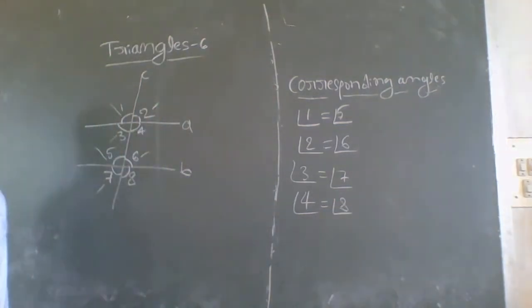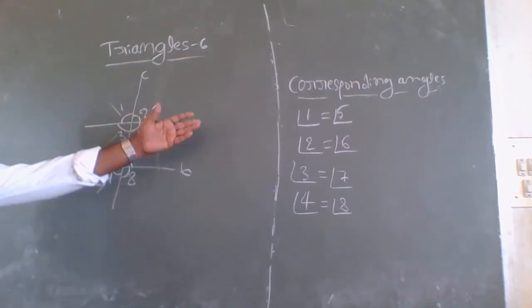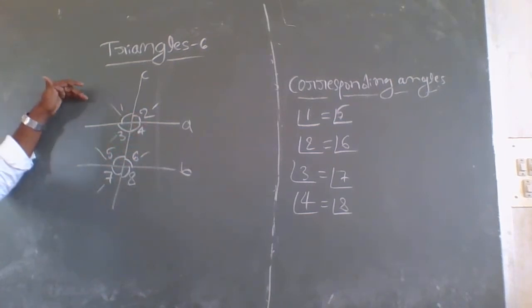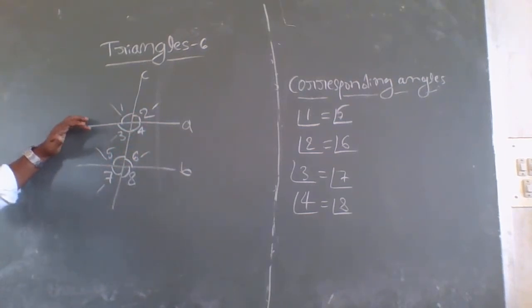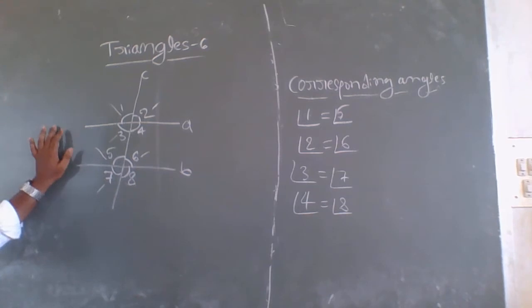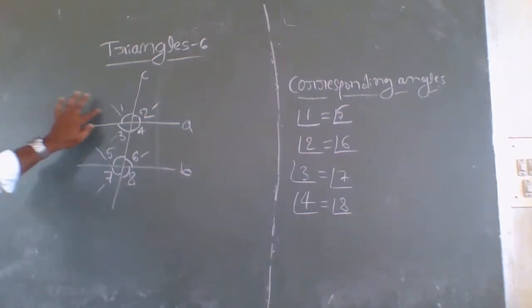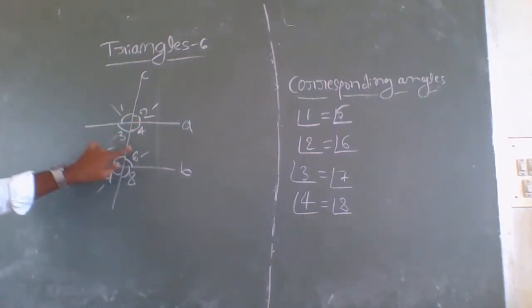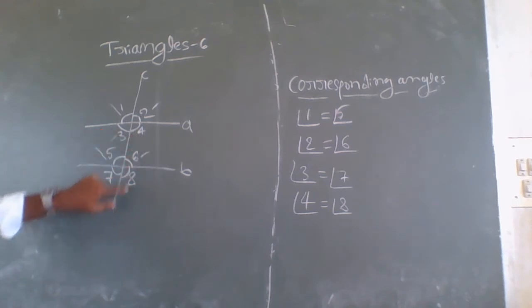So these are the corresponding angles when one line intersects parallel lines. They are in the same direction and the same part of the intersection. Therefore angle 1 is equal to 5, 2 is equal to 6, 3 is equal to 7, 4 is equal to 8.